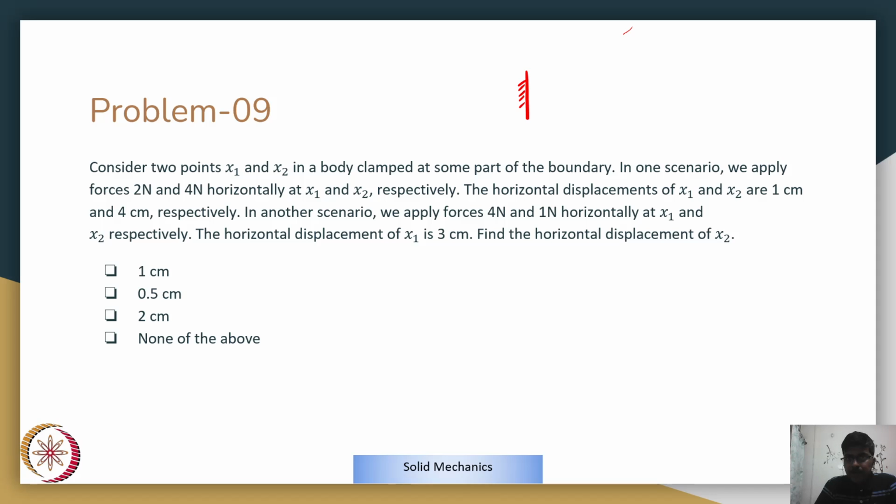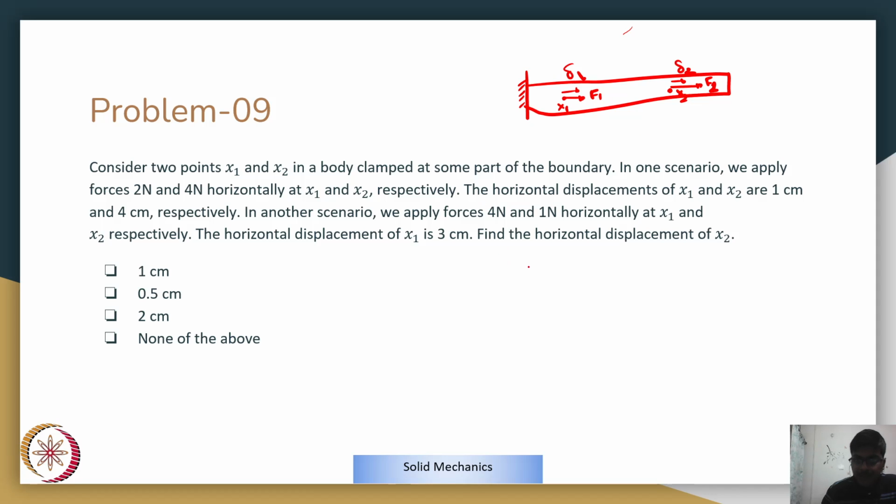So I am drawing a body like this, and this is my x1, this is my x2. Forces are f1 and f2, and the displacements are delta 1 and delta 2. We are given some values for force and displacement.